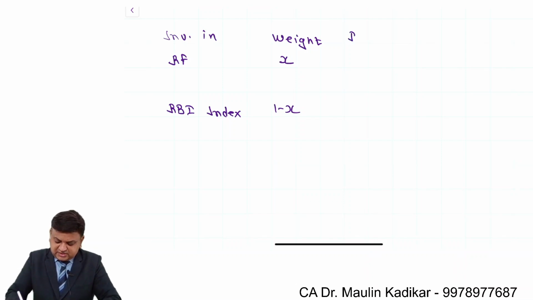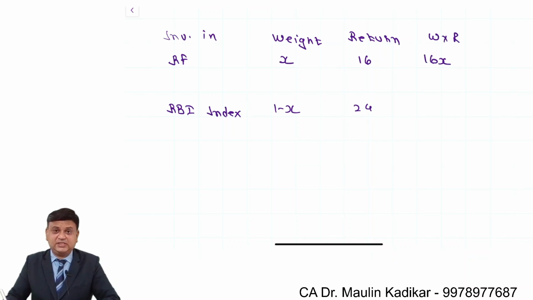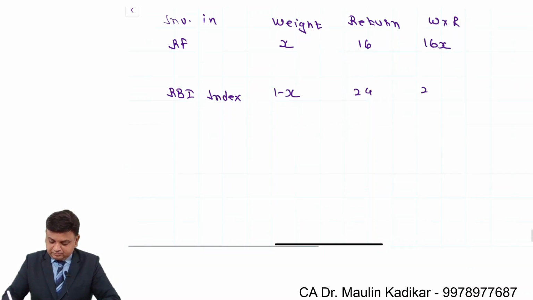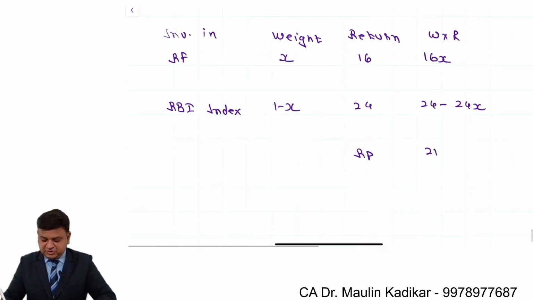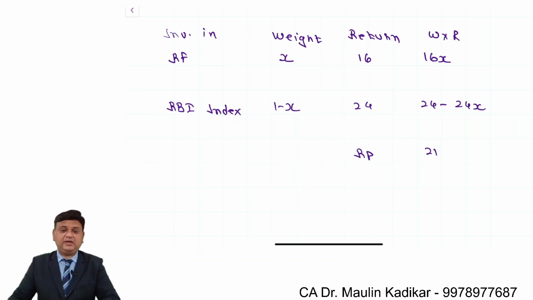The returns are 16 and 24. Weight into return gives 16x and 24 minus 24x. The return of the portfolio would be 21%. That is the way we can compute the weight of x.